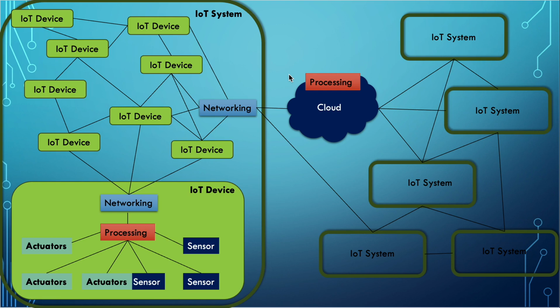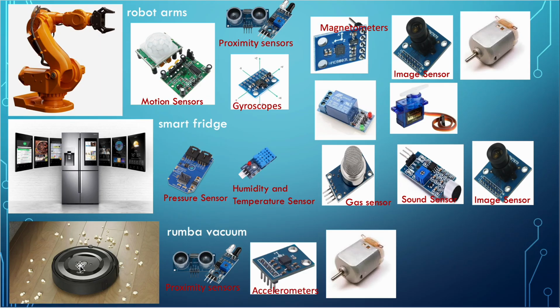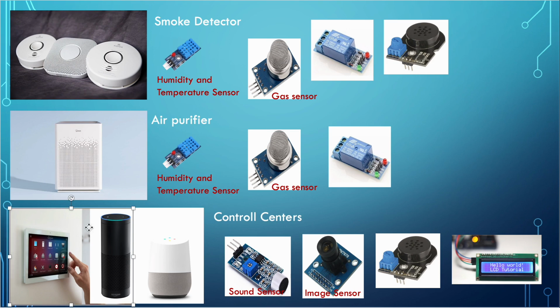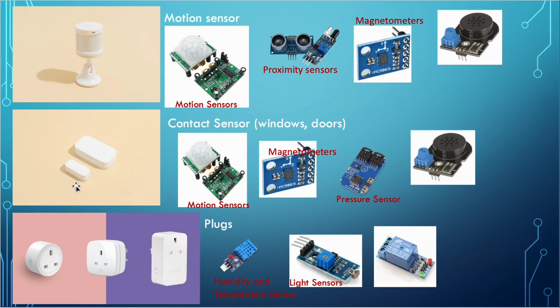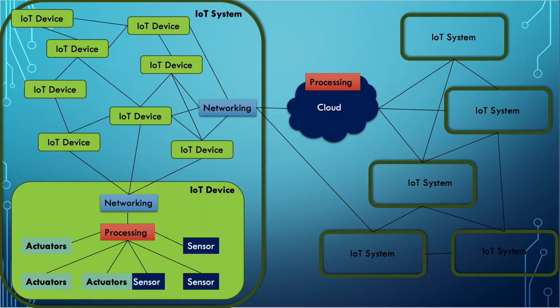The other end of it would be our IoT devices. So each and every example we are talking about, the Roomba, the smart fridge, the control centers, air purifiers, smoke detectors, other sensors from plugs to cameras to smart lights, everything would be a smart device, right?